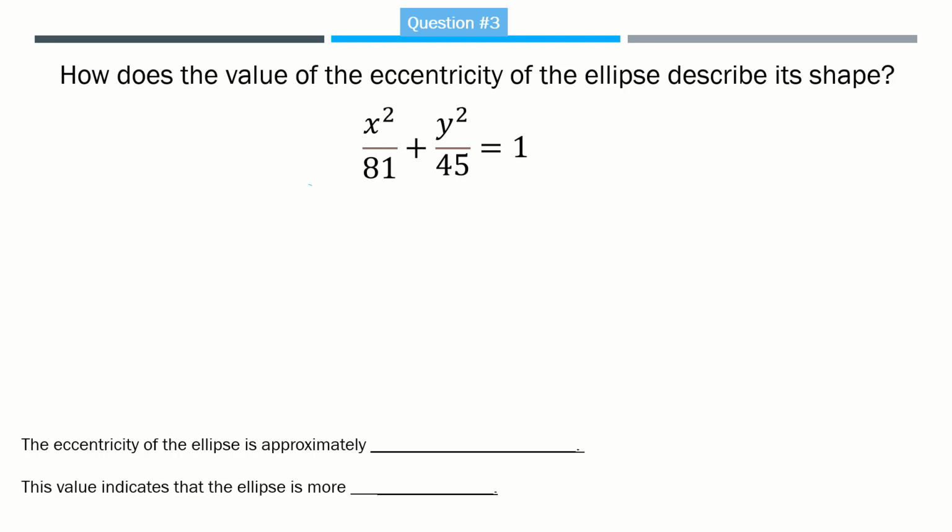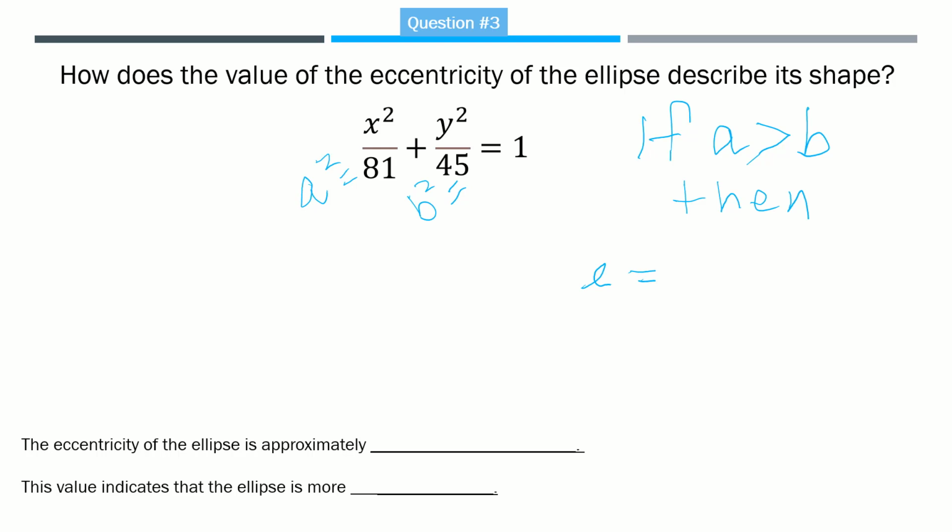So here we have a squared and b squared. If a is greater than b, then we calculate the eccentricity this way.